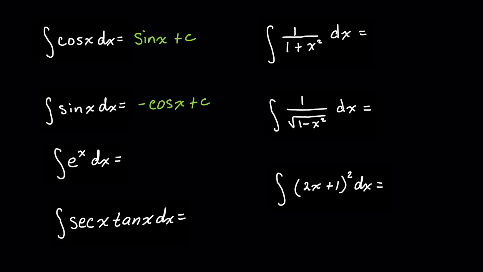All right, the integral of e to the x dx, which means the antiderivative of e to the x, is e to the x, because the derivative of e to the x is also e to the x.